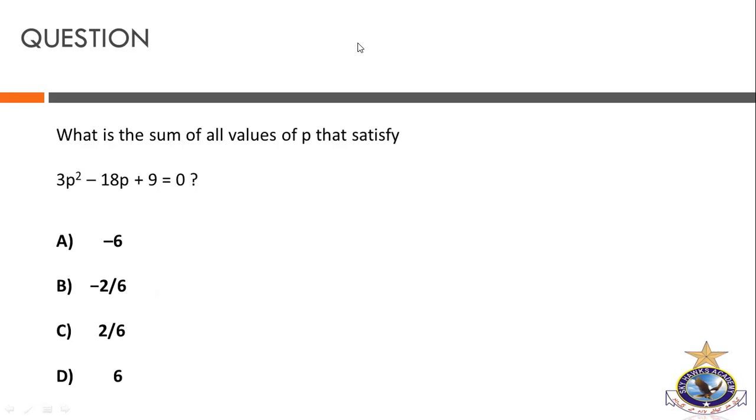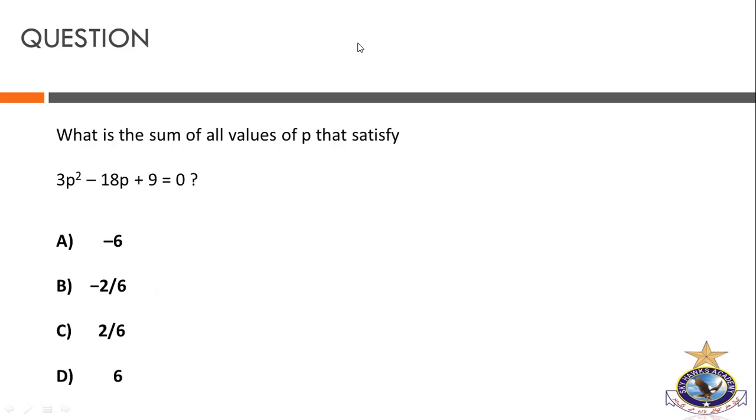Look at this. The first thing is: what is the sum of all values of p that satisfy this equation? You will have to visualize what we are looking for. We are not looking for the value of p.